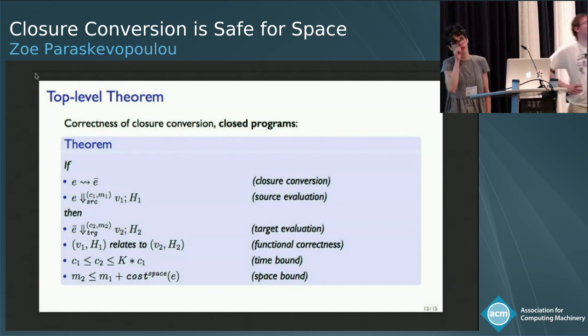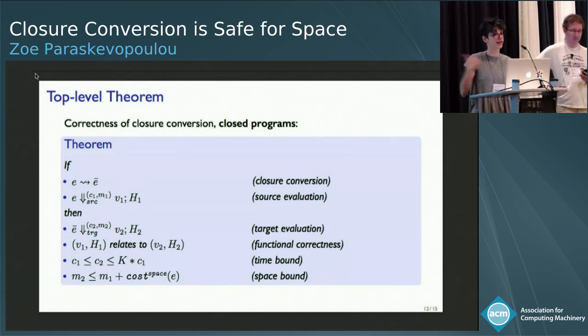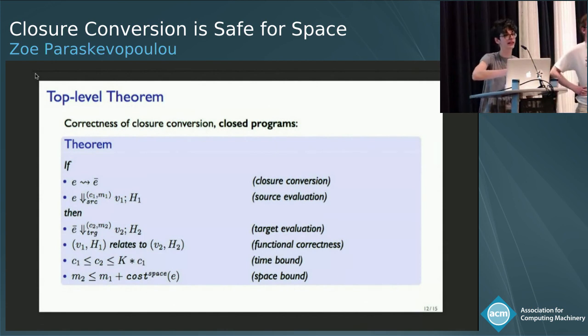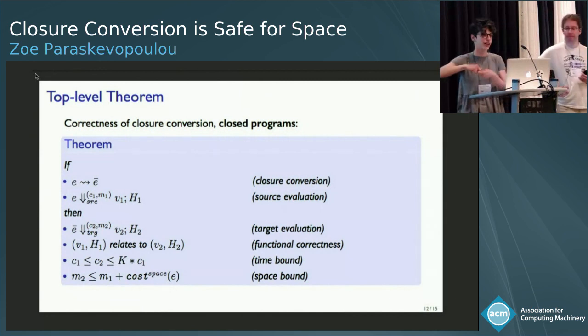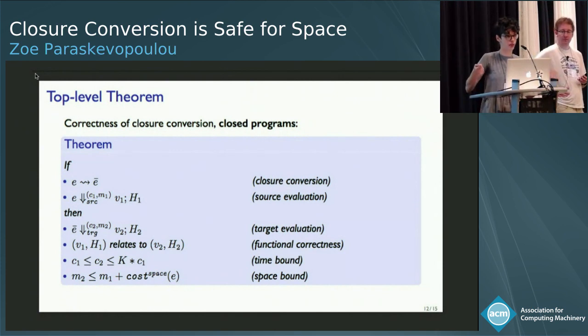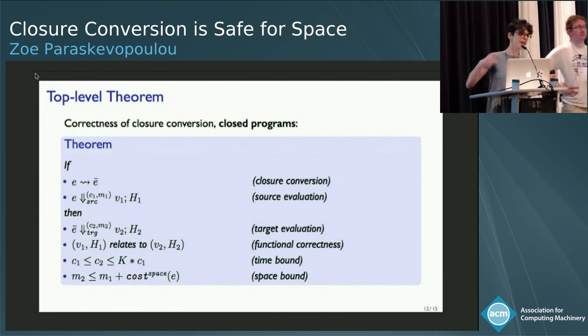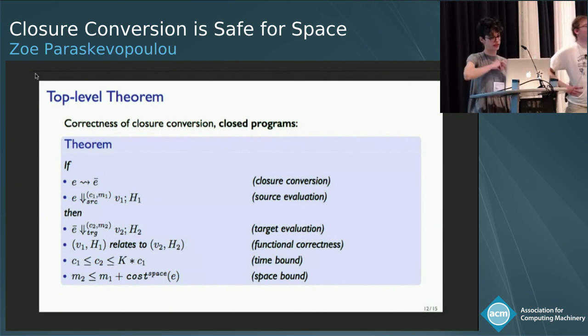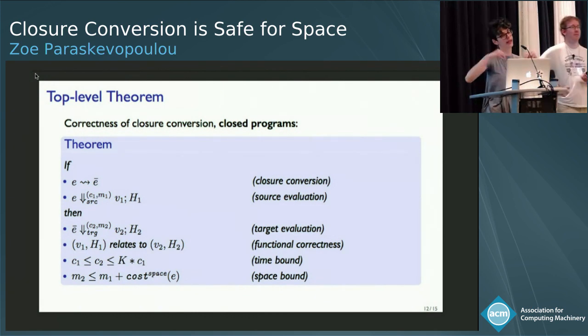So basically for the time bound, the constant factor is the maximum overhead that closure conversion can add for every constructor of the language. Assume that we have a free variable. In order to handle this free variable, we should perform some projections from the environment, but this is some constant time operation. So this is just the maximum constant time overhead that closure conversion might add to the code.